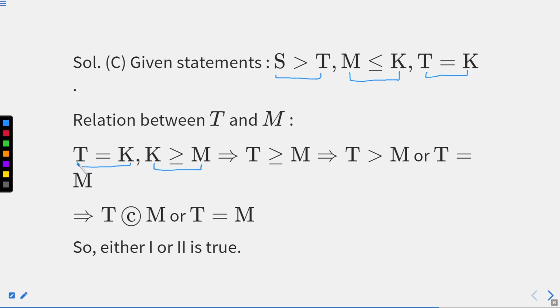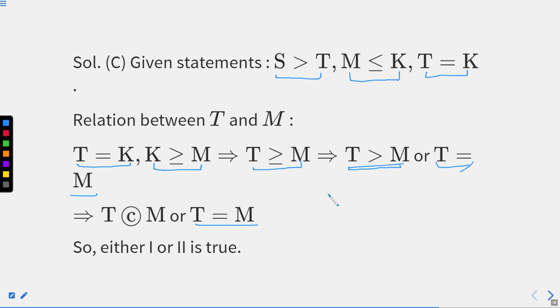This implies that T will be greater than or equal to M, or T will be greater than M, or T is equal to M. These are the things that we are going to get. This implies that T is equal to M. We have already found it out, which implies T equals M is a true statement, right?